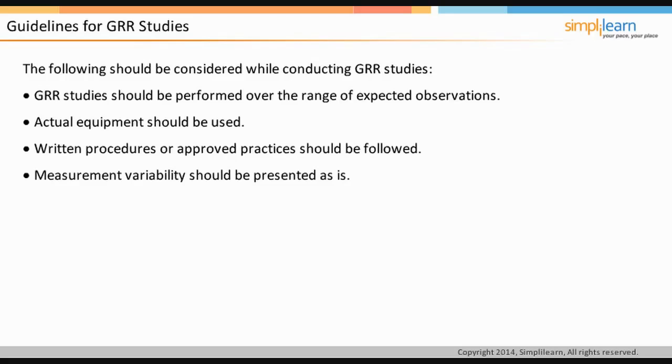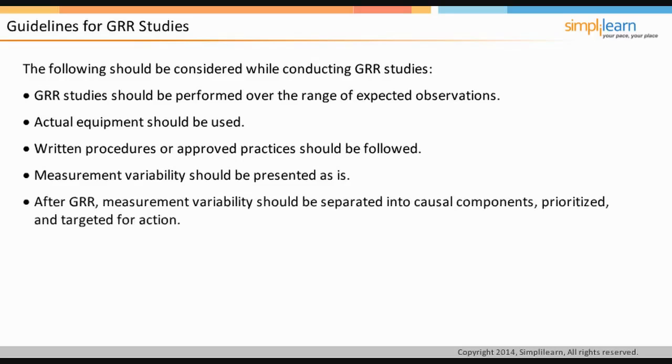The measurement variability should be represented as is, not the way it was designed to be. After GRR, the measurement variability is separated into casual components, sorted according to priority, and then targeted for action. In the following screen, let us look at some more concepts associated with GRR.